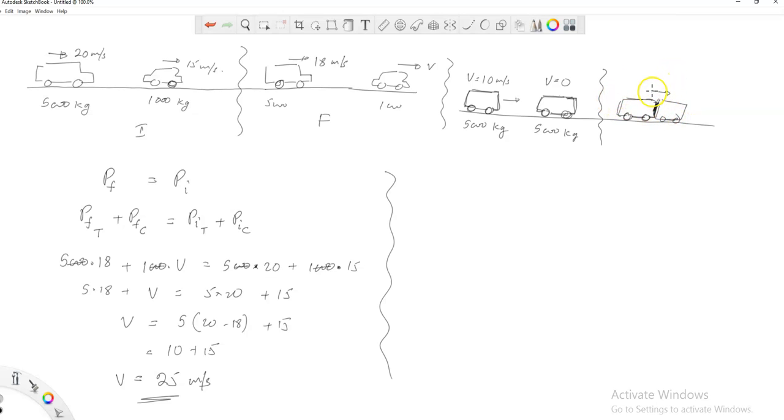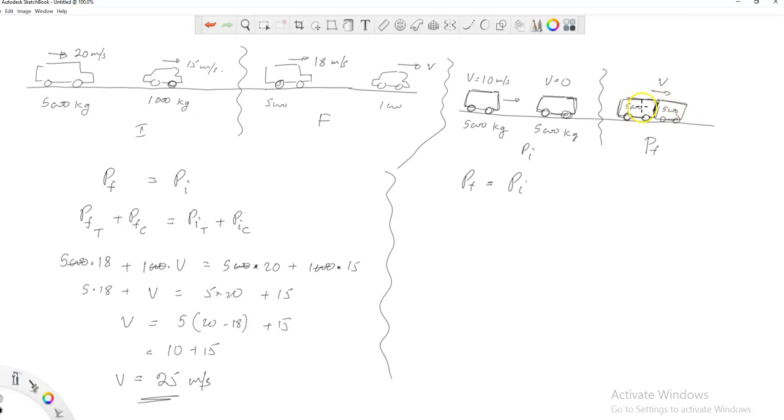So the question is, what is the velocity after the collision of this combined system? So here again we can use momentum conservation. We can define this as P final, this as P initial, and we know that P final equals P initial. Final momentum. Now these two cars, we have to treat them as a single unit, right? So each has 5,000 kilograms.